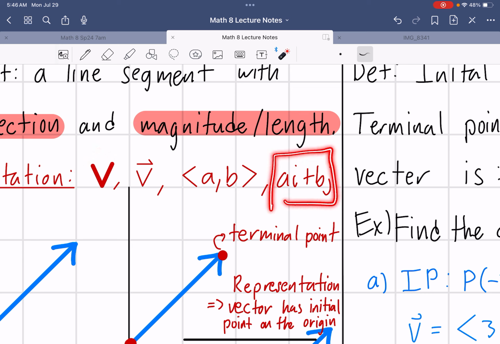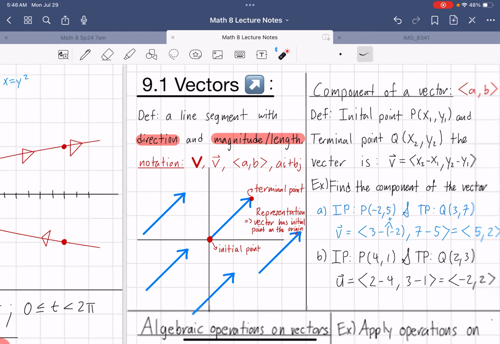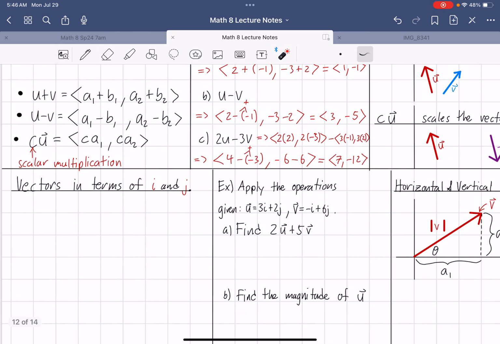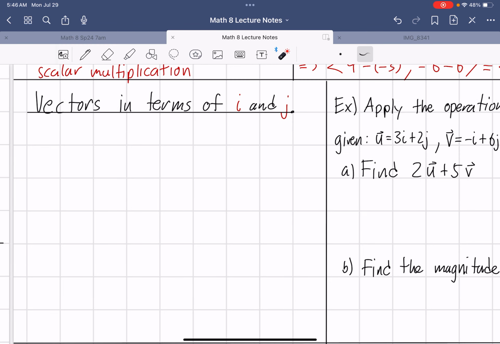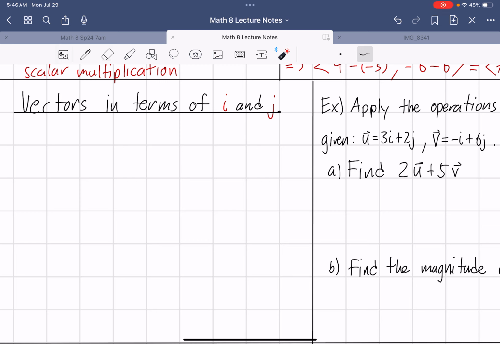And we're gonna look at this ai plus bj vector. So we're gonna write vectors in terms of i and j. Or what did I say? Yeah, i and j. First, what are i and j?